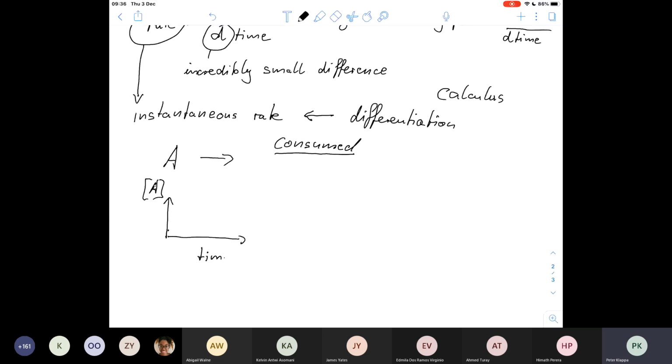And obviously, during the reaction, over the time, the amount of A in our solution, the concentration of A will go down because A is consumed. Does that make sense?